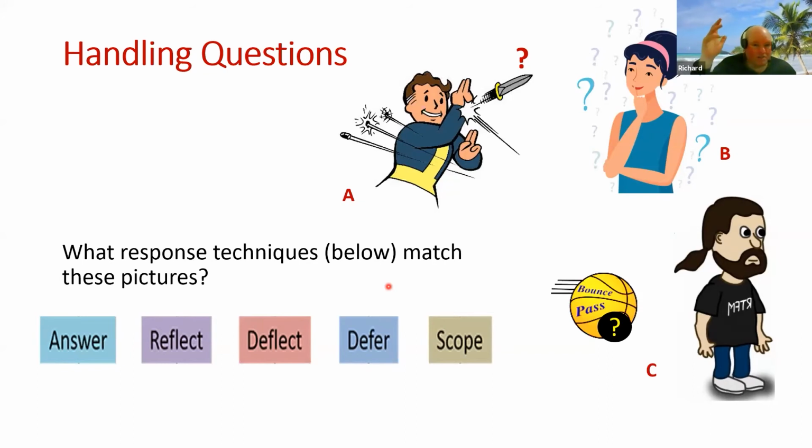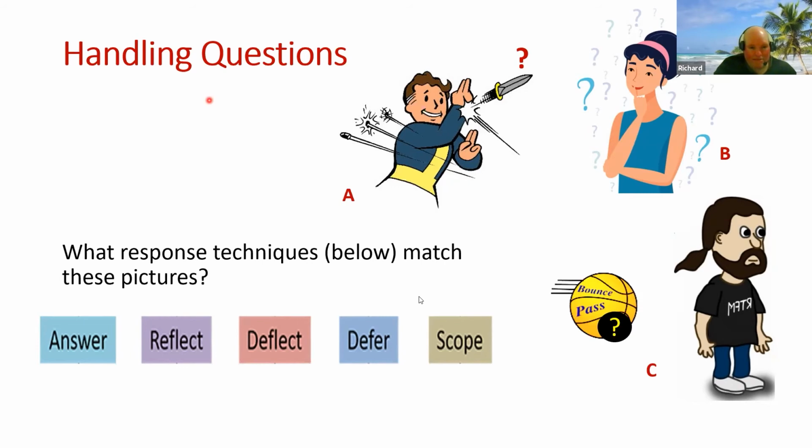Does anyone have an answer for A? What do you think? Is it this one, this one, this one, or that one? Hang on. Deflect. I think you might be right. I think Joyce is going to be driving away in that Ferrari tonight.